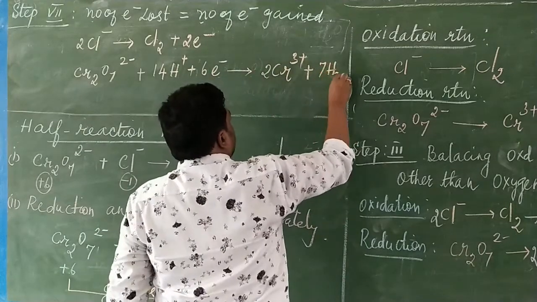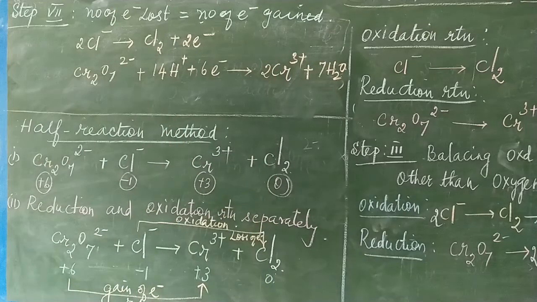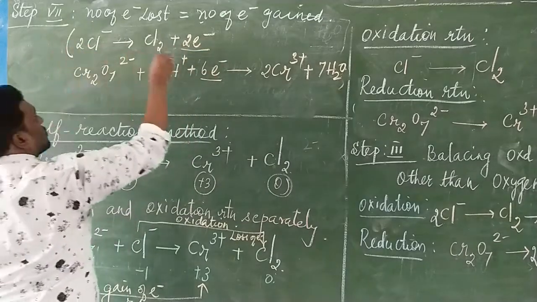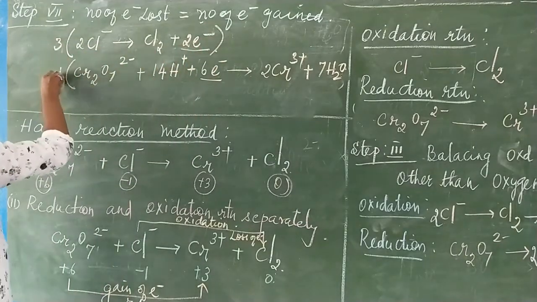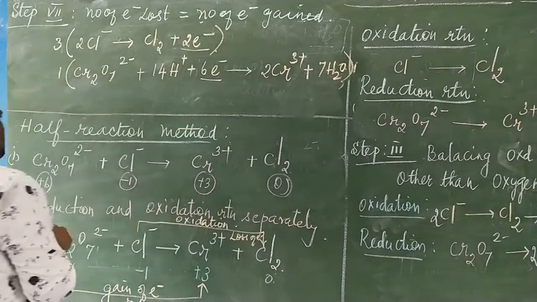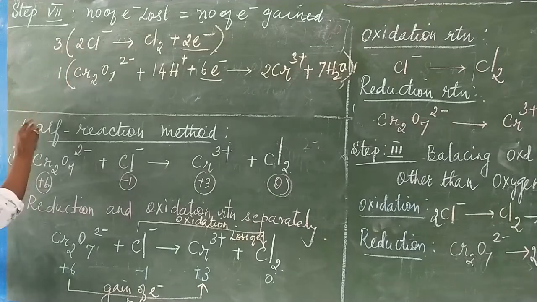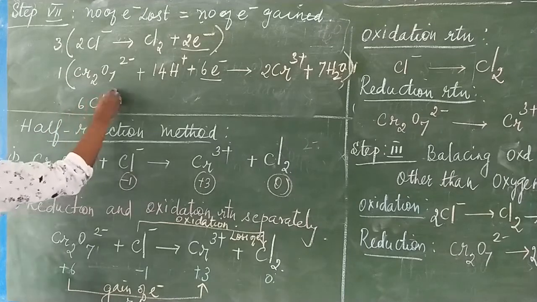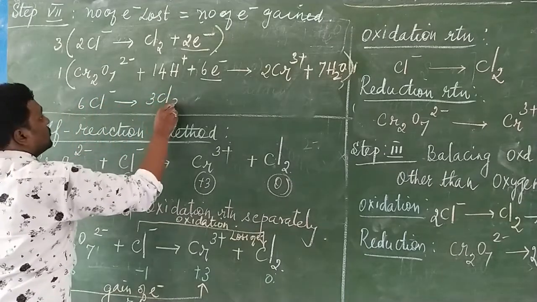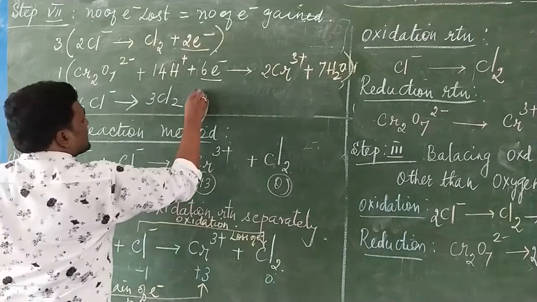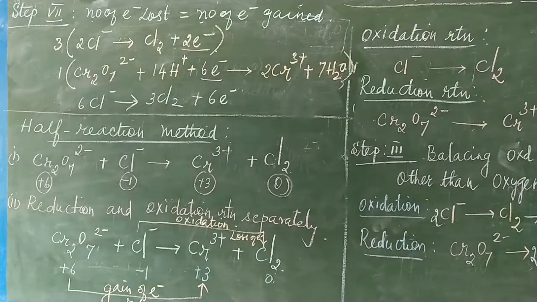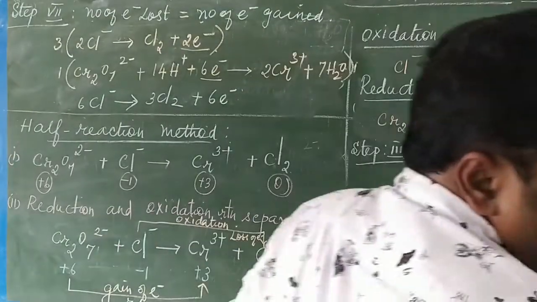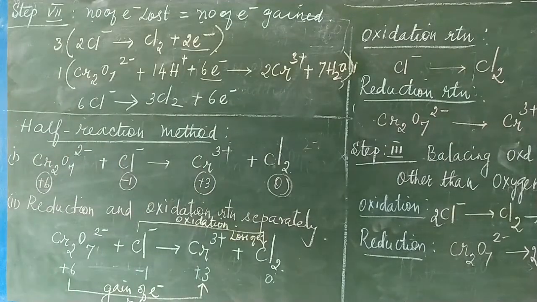The reduction has 6 electrons and the oxidation has 2 electrons, so I multiply the oxidation throughout by 3, and the reduction by 1. So it becomes 6Cl- gives 3Cl2 plus 6 electrons. Correct? Now balanced. Now the next step is to substitute.